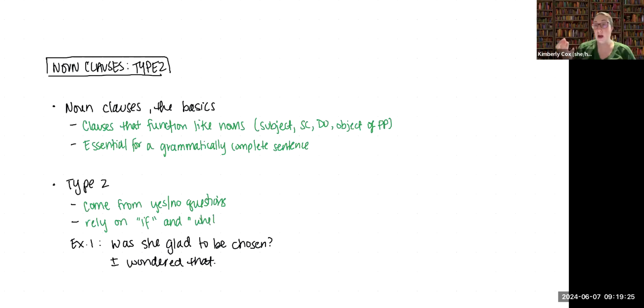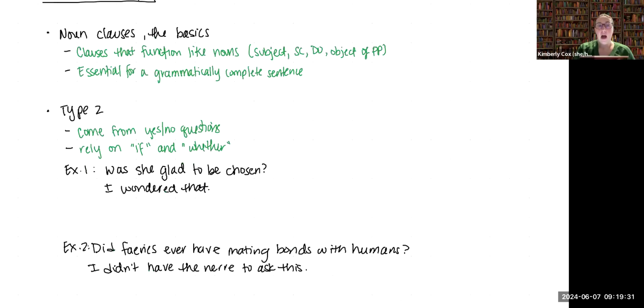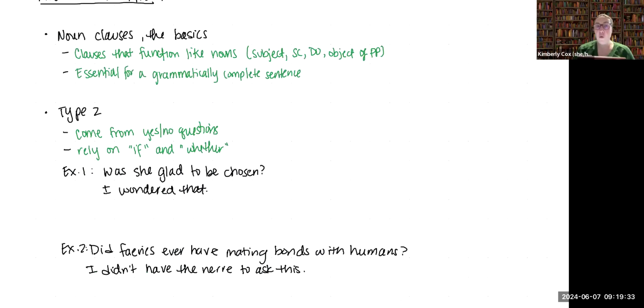So let's take a look at a couple of examples so you get an idea of what I'm talking about. Let's look at the first example. Was she glad to be chosen, right? This is a yes or no question. I would say yes or no in response. So this is where we are deriving it from a yes/no question.